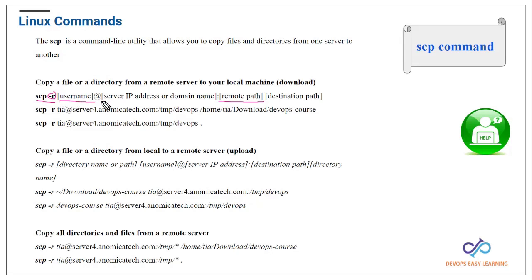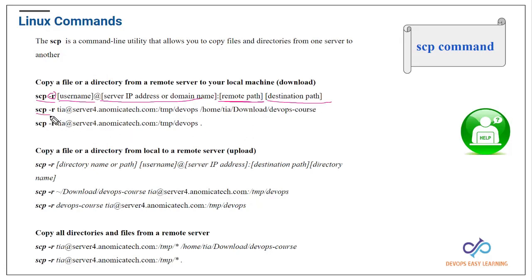You put your username here, then the server IP or the server DNS where you want to download that file or directory from. And right here, what is the remote path on the server? Where is the file or directory that you want to copy located, and where are you going to put it on your local machine?